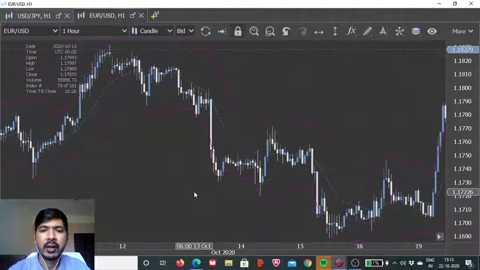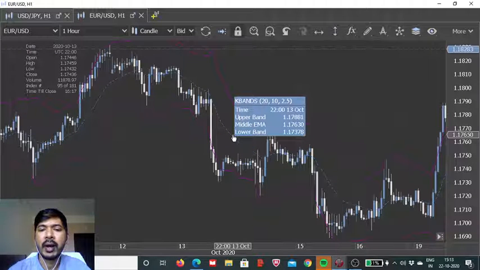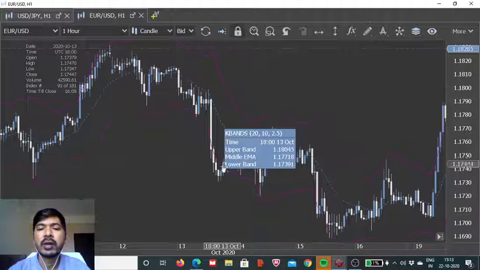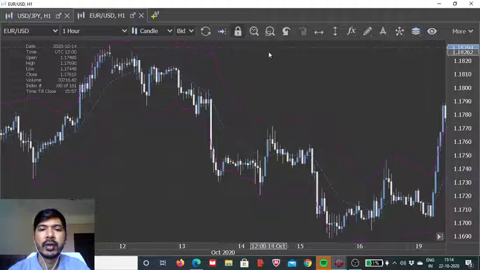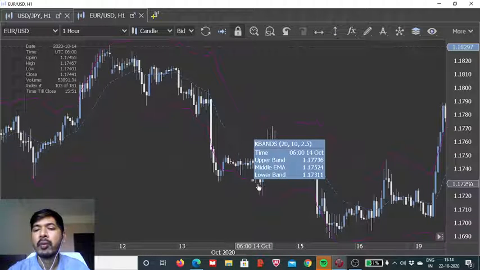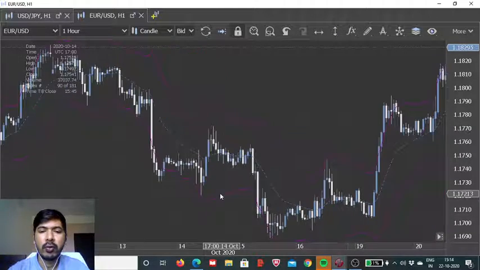Whenever we see that a large price move has already happened and has touched the upper band or the lower band, and after a significant move in one direction, whether upwards or downwards, we see some sort of reversal happening, that can also be taken as a sign that the underlying instrument has entered into oversold, or for that matter, overbought territory, and now we can see some retracement before the resumption of the trend in the direction of the trend. So that way also we can use it.